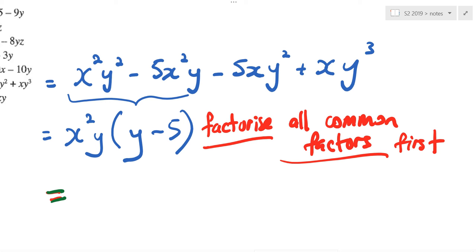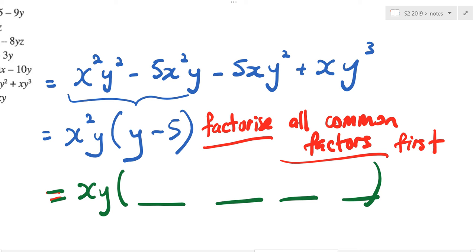Is it x square? Here got x square, here got x square. Here don't have. Here only got what? X. So how many x is common in all the 4? 1x. Agree? How many y is common in all the 4? 1y. Agree? So can you help me to take out xy and write down all the 4 terms inside?